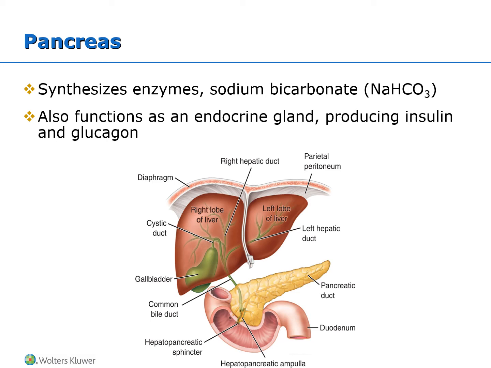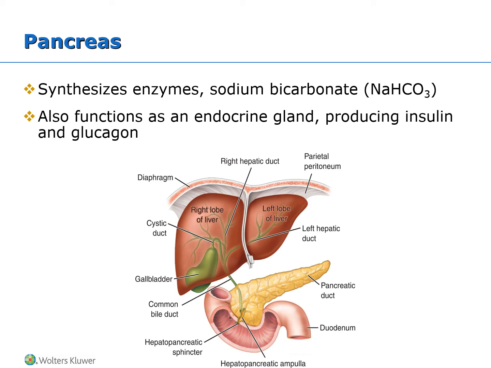However, the body needs bile only during the times of the day when we are eating and digesting. So this continuous stream of bile needs to go somewhere, and it will be collected through the cystic duct inside the gallbladder, which is just a muscular sac that lies on the inferior surface of the liver.